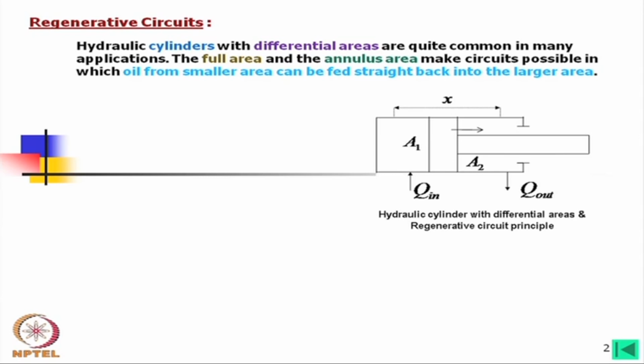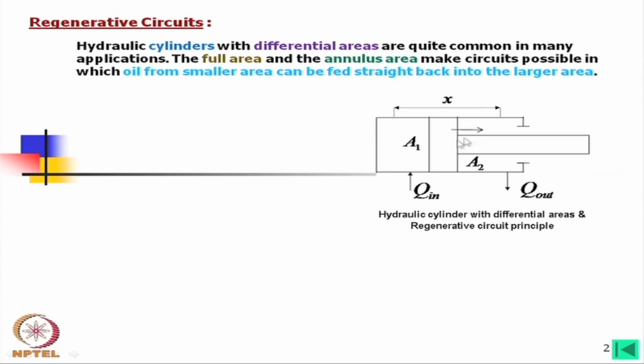Now, what is it? If we consider any hydraulic cylinders with differential areas, mostly you will find that on one side there is a rod and on the other side the piston rod is not there, and these are quite common in many applications. The full area and the annulus area make circuits possible in which oil from the smaller area can be fed straight back into the larger area.